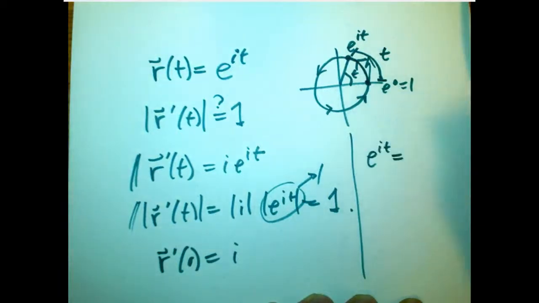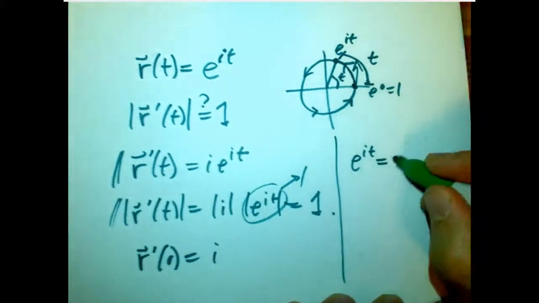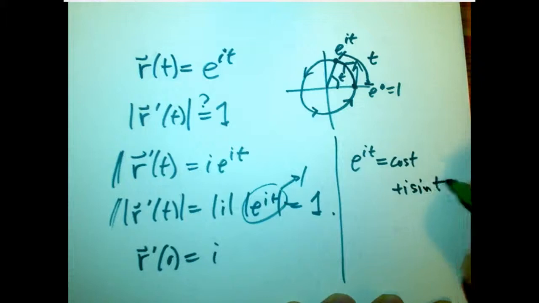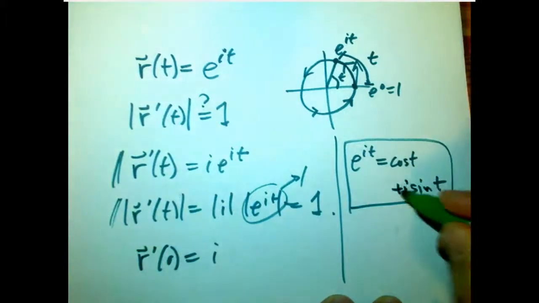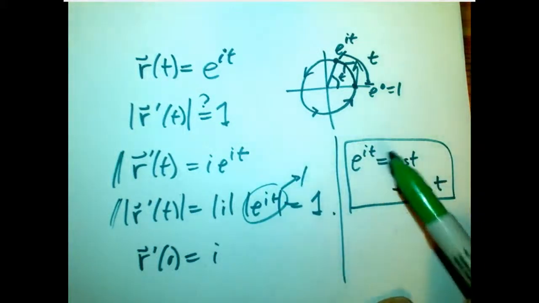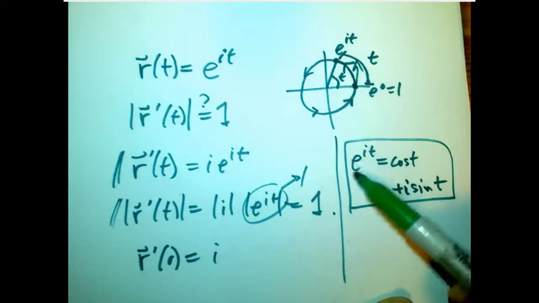Or in other words, hopefully you can expect what I'm going to write down here: Euler's famous formula for e to the it. This boggles a lot of people's minds, and there are various ways to show it, but the key is that e does repeated something.